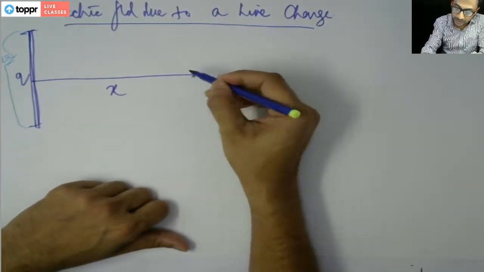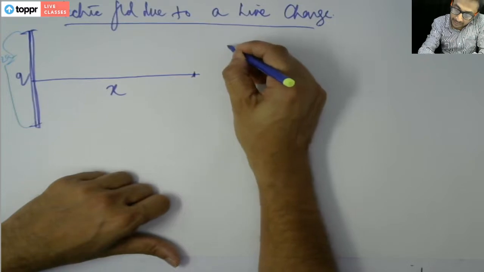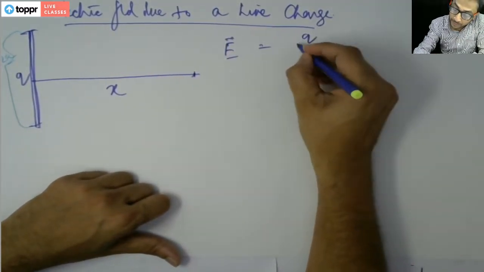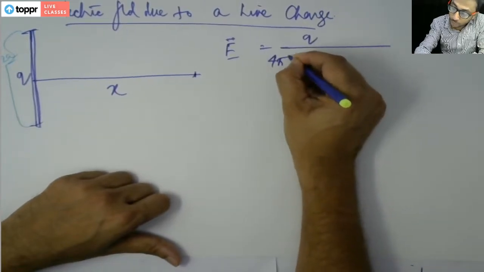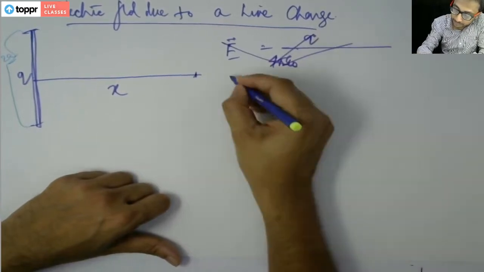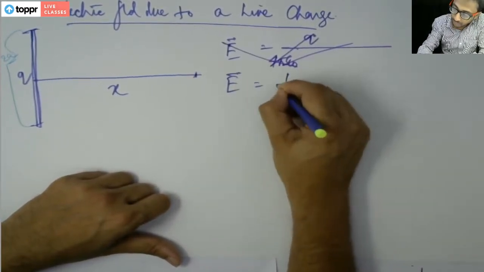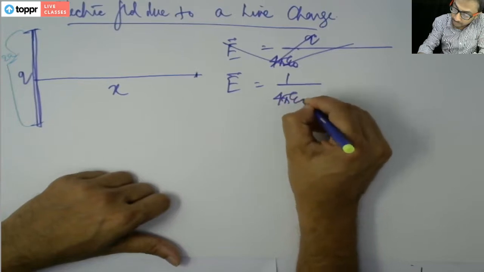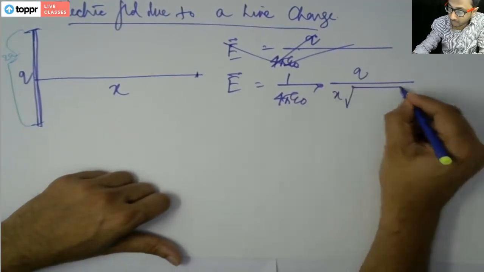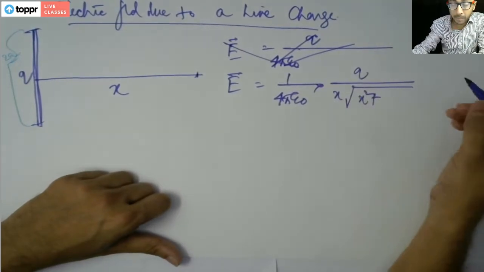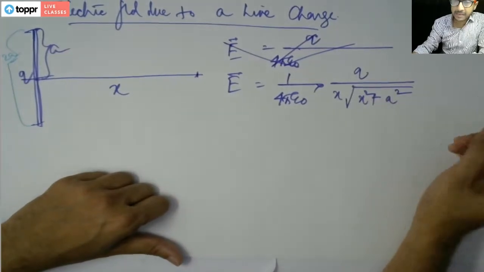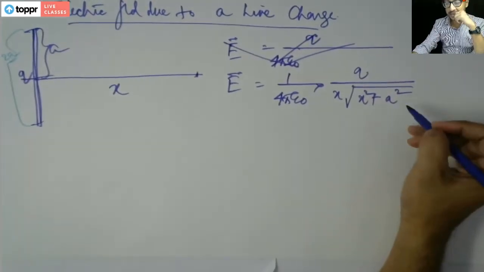Now see, similarly for the line, there is a formula for the electric field, which is given by Q by 4 pi epsilon 0, or I can write it like this. Plus, see, this distance is a, it is root over x squared plus a squared.